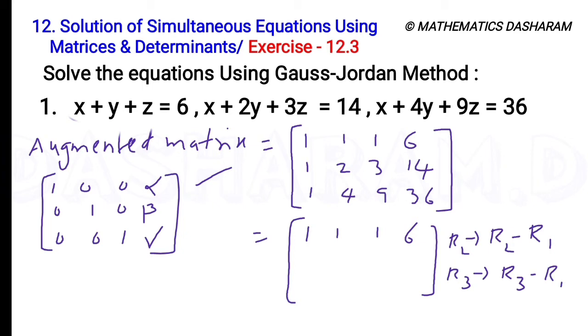So R2 is replaced with R2 minus R1, that means 1 minus 1 is 0, 2 minus 1 is 1, 3 minus 1 is 2, 14 minus 6 is 8. Next, R3 is replaced with R3 minus R1: 1 minus 1 is 0, 4 minus 1 is 3, 9 minus 1 is 8, 36 minus 6 is 30.